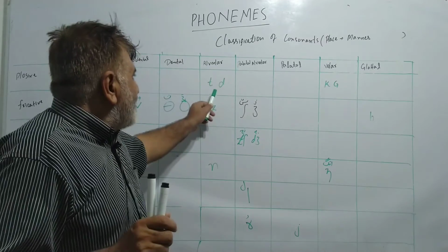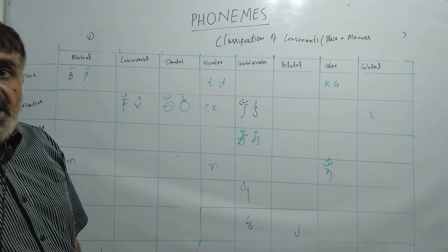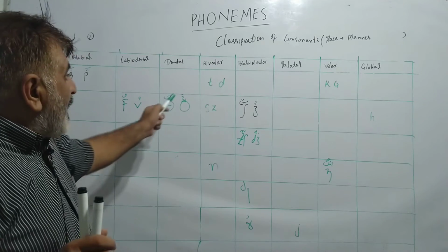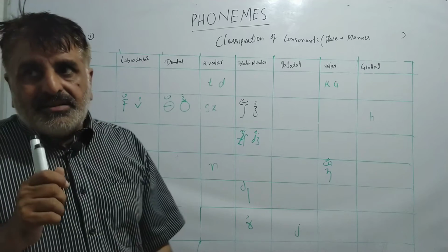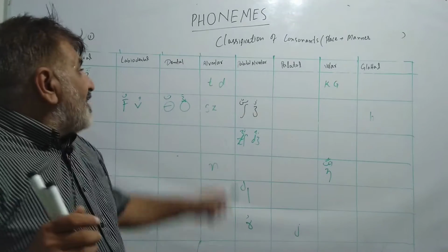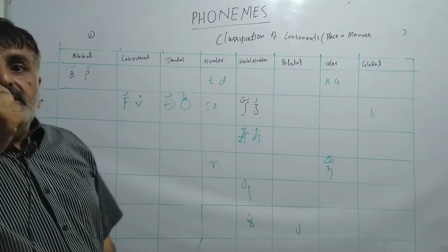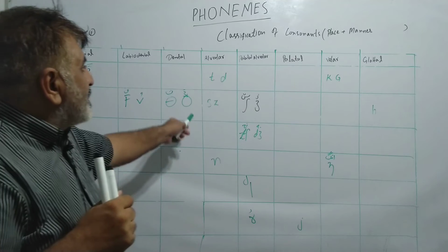Then alveolar. So in alveolar we have sa, za, and the rolling sound. And when we want to produce these, as we have discussed, the tip touches behind the teeth.